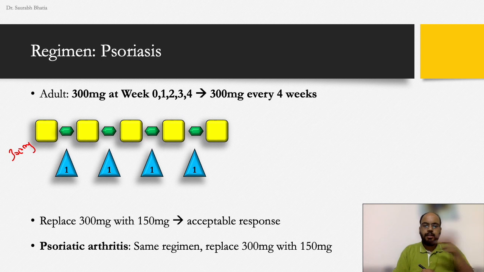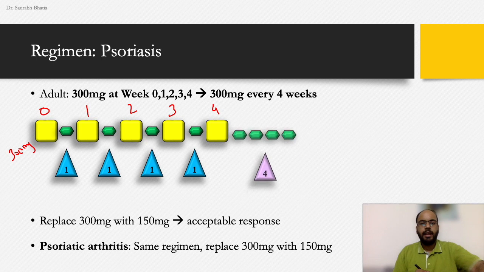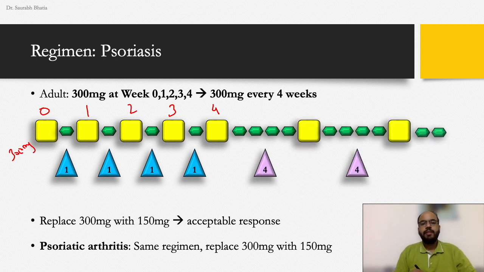So subcutaneously, 2 injections at every visit. So we give 1 at 0, 1 at 1 week, 2 week, 3 week, 4 week. Now this is the induction phase completed. After that, every 4 weeks you will give 1 dose subsequently till the psoriasis gets resolved. This is the regimen to be followed for Secukinumab.